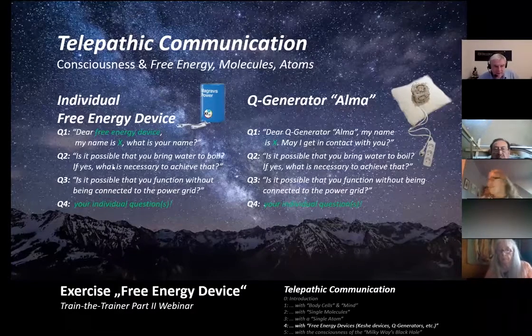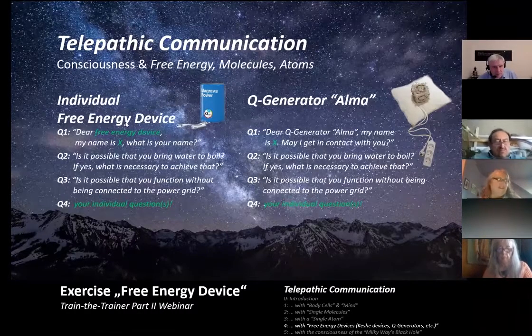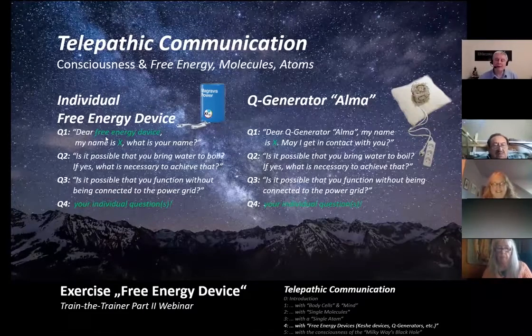So we will cover, and that is now a more complex exercise, the following four questions. Dear, and the bolded part of the sentence in green indicates that you replace it by your own device or component. You can say, dear Markgraf component, or dear Keshe GANS, or whatever.